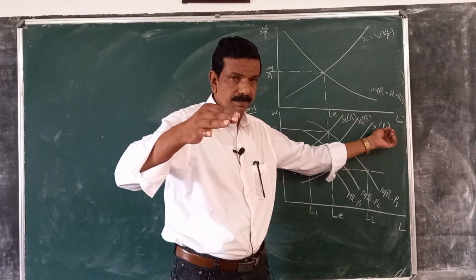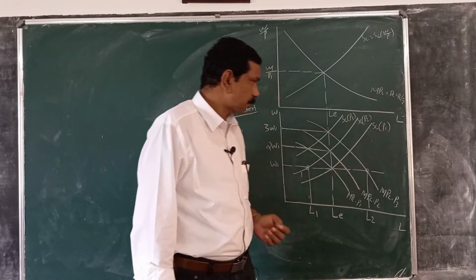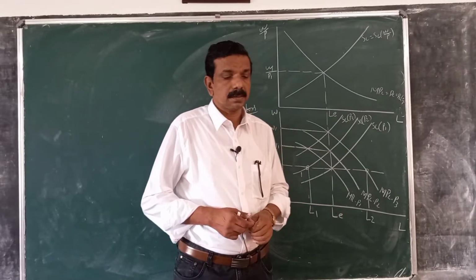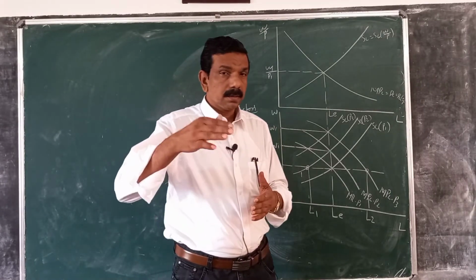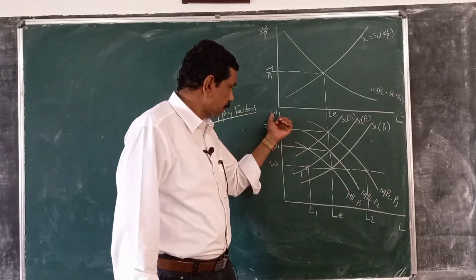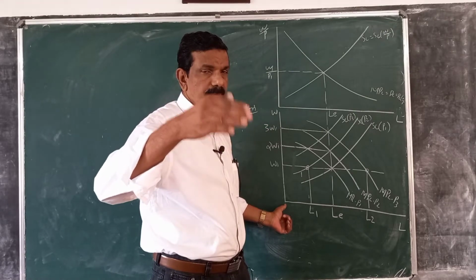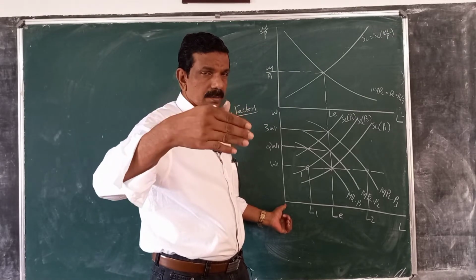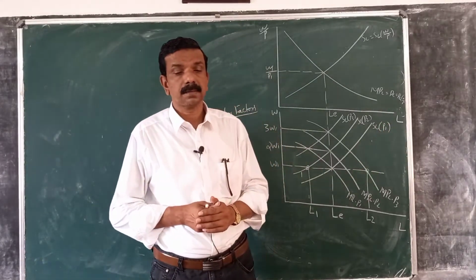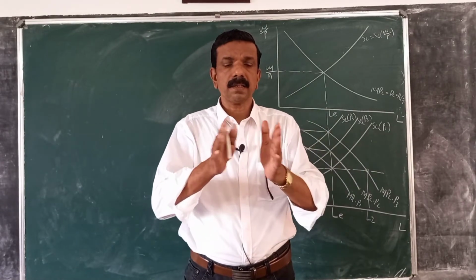If price is fixed at P1, this positively sloped SL curve shows that as money wage increases, supply of labor increases. This is because for a given price level, more money wage means more real wage, W by P. If P is constant and W increases, real wage increases. So the supply of labor curve is positively sloped. And as we have stated earlier, workers are interested in real wage.